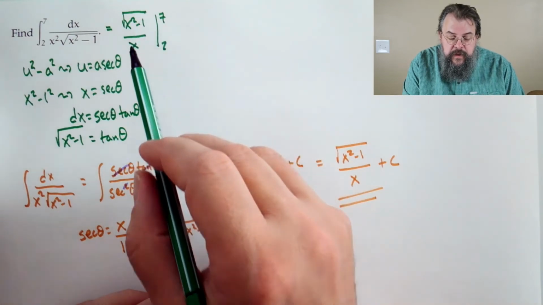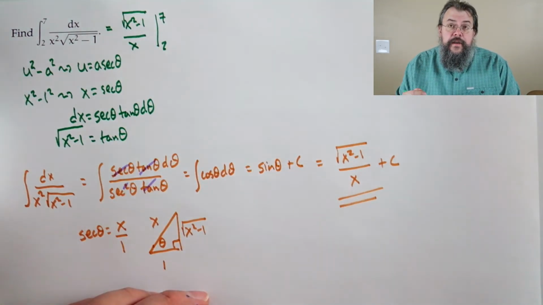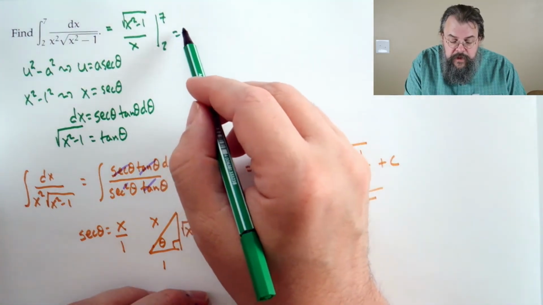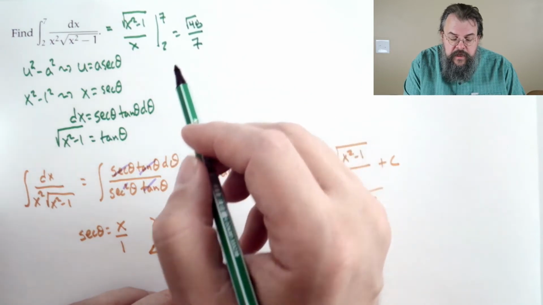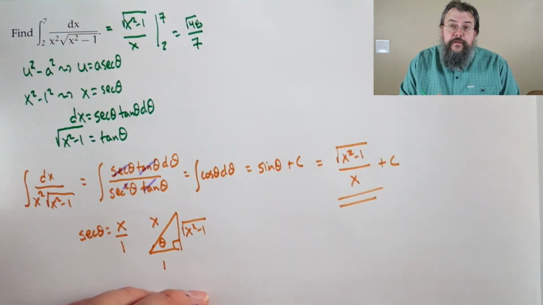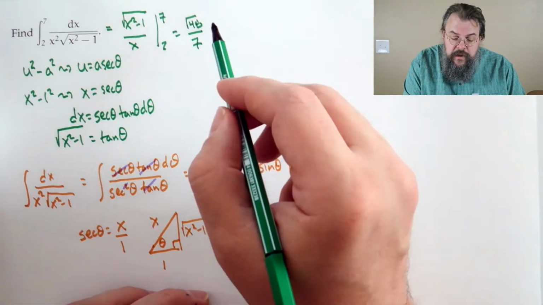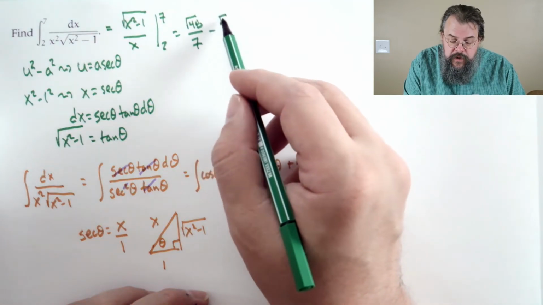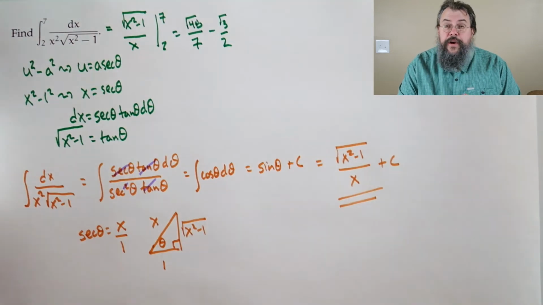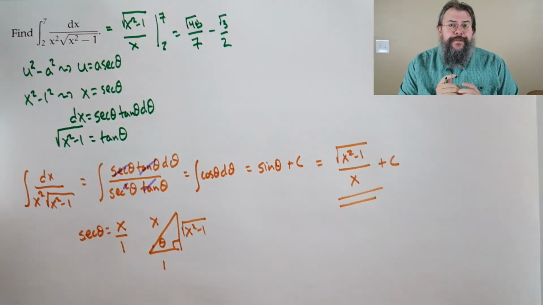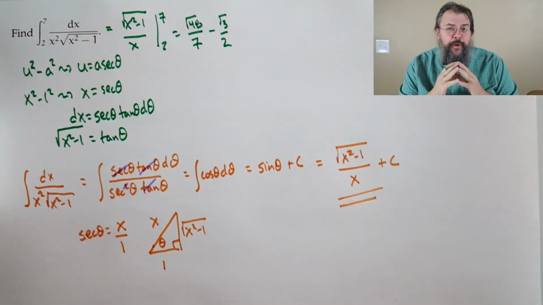Plug in 7. 7 squared is 49. Subtract 1 is 48. So we get the square root of 48 over 7. And then 2 squared is 4. Subtract 1 is 3. So subtract the square root of 3 over 2. Now you might say, okay, well, that's as far as we can get, right? Let's see if we can poke a little bit further.